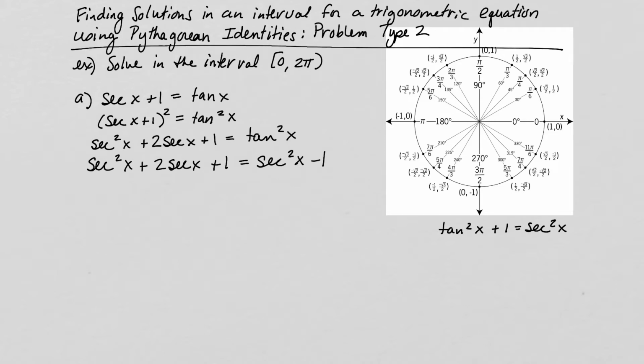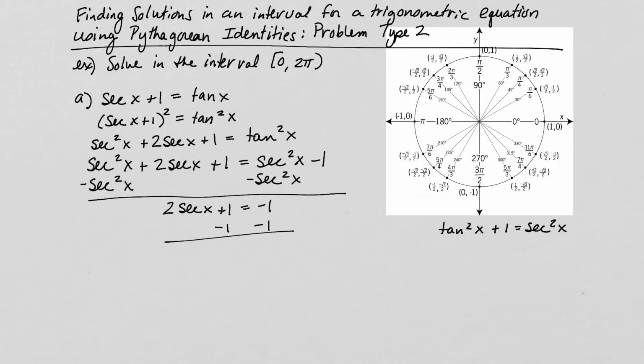And so in this case, if I subtract the secant squared x from both sides, you'll notice that my secant squared x's go away. So I'm left with 2 secant x plus 1 equals minus 1. So now I could just solve for secant x. So I'm going to subtract 1 from both sides.